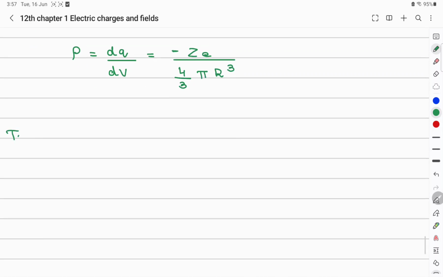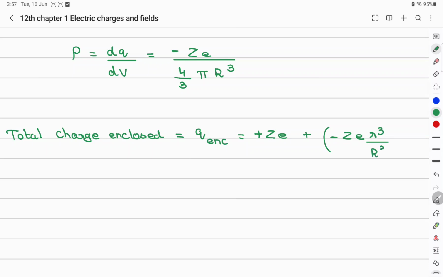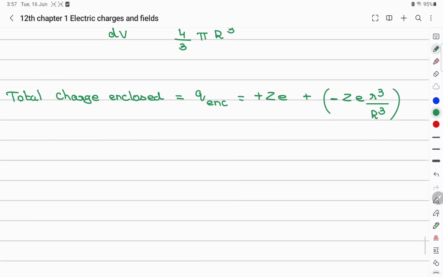So the total charge enclosed is equal to plus Ze plus minus Ze r cube by R cube. So it can be written as Ze into 1 minus r cube by R cube.